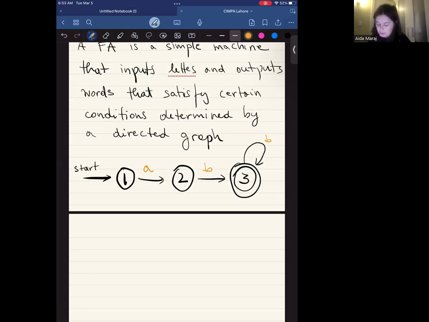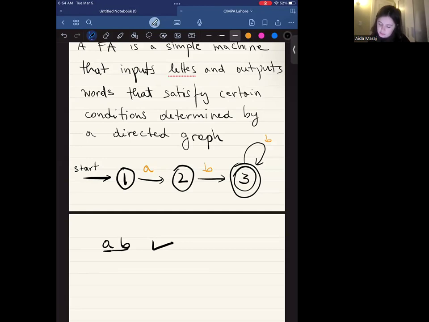The way we read the output is we start with the starting state. If it is not an accepting state, we have to move according to the options that our edges are saying. In this case, we have only one option, we need to go to 2. When we go to 2, we have read A, so we record A. At 2, it's not an accepting state, so we have to leave 2. The only way is by reading B. Once we read B, we are at 3, which is an accepting state, so we can accept AB.